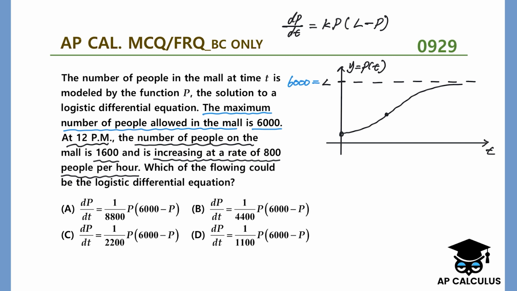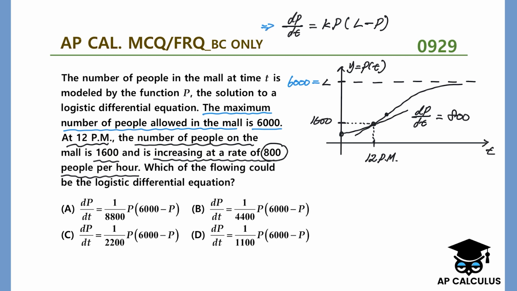So let's say this is 12 p.m. At this point, the number of people in the mall is 1600, and the slope of this tangent line, which is dp/dt, is equal to 800 people per hour. Now let's substitute these values in this logistic differential equation.